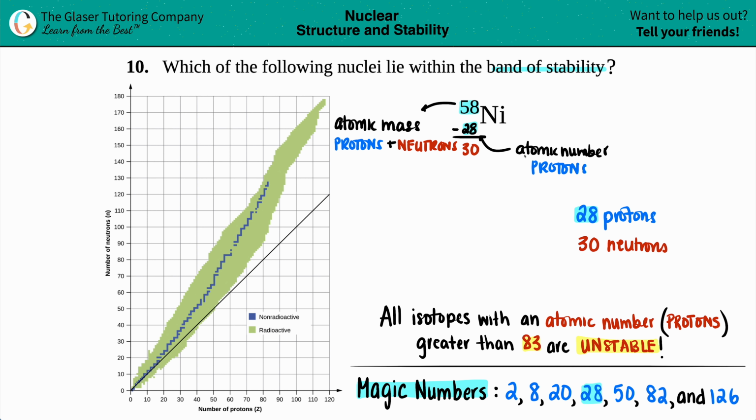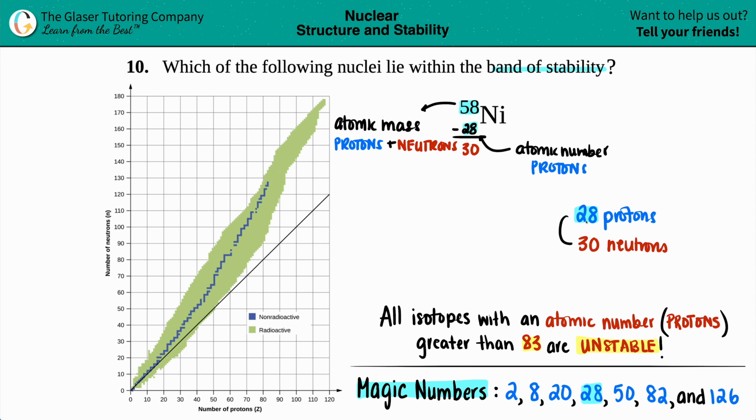That means that nickel usually is going to be a very stable isotope and a very stable atom. Now, if you want, you can always just look on the band of stability just to make sure that the 30 is within range. But it looks like it probably is, 28 to 30 at a low value.